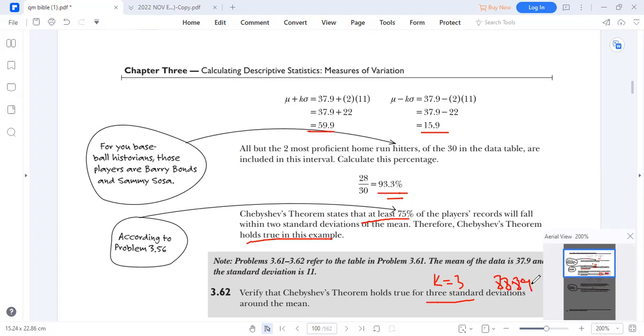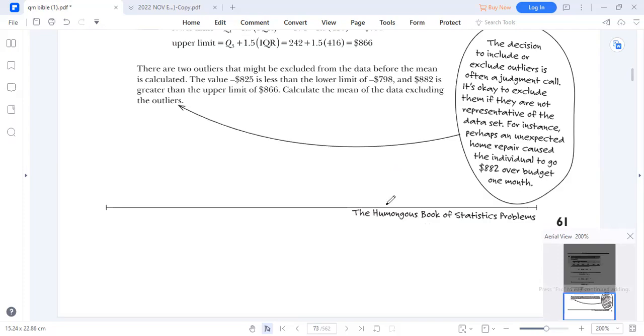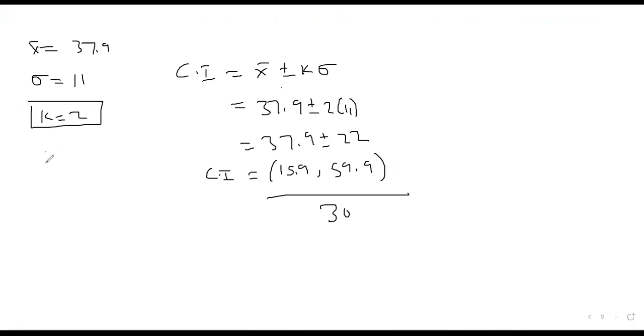So it's very important to master them at the same time so that you don't get confused. So now we're using K of 3, and we need to make sure that observations in terms of percentage are at least 88.89.